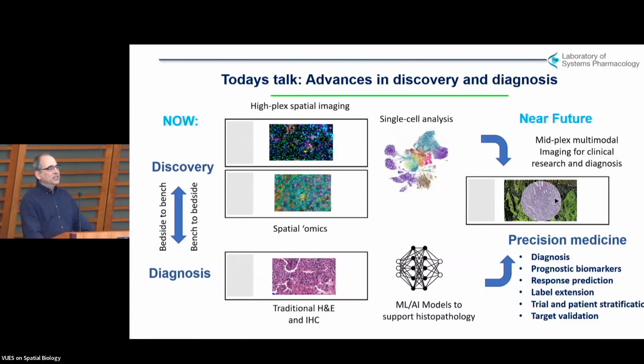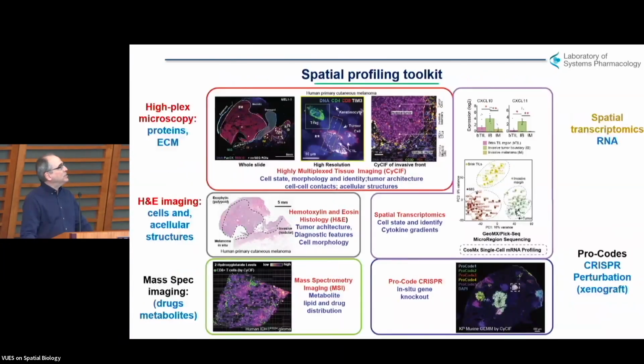For example, I was a keynote speaker at the Association for Molecular Pathology recently in Vancouver, the second largest molecular pathology group in North America, and there was no spatial biology. So it's an interesting schism, and it's one of the things we'd like to address. The reason, in part, is that we'd like to impact things like diagnosis and precision medicine, and I'll touch on how some of that might practically be accomplished.